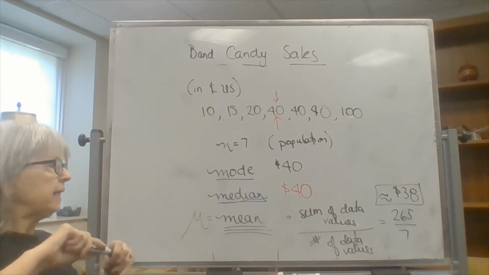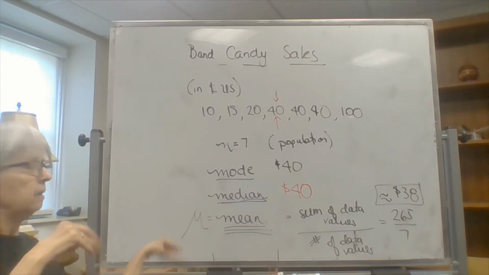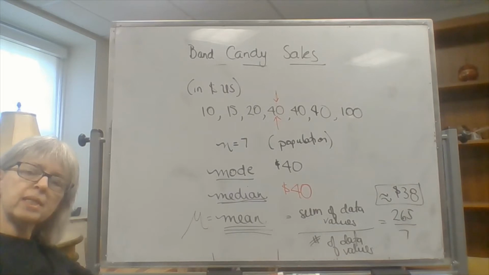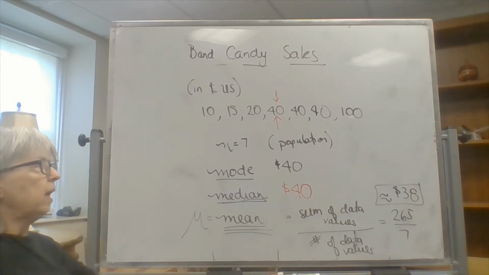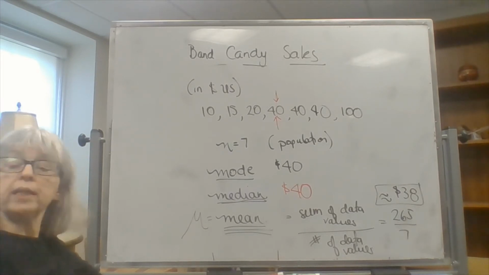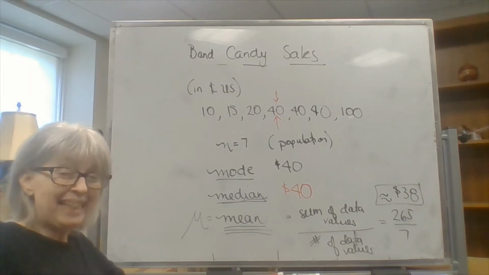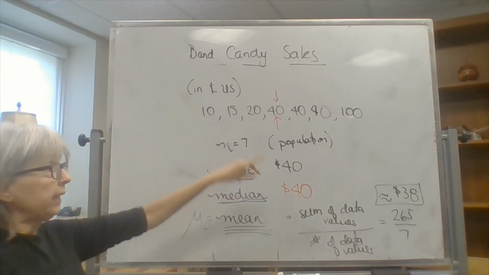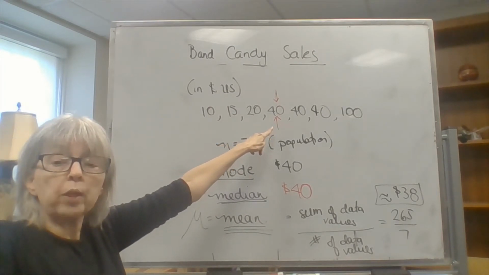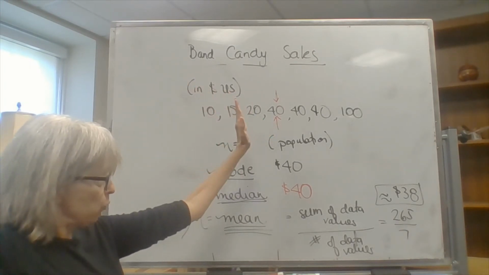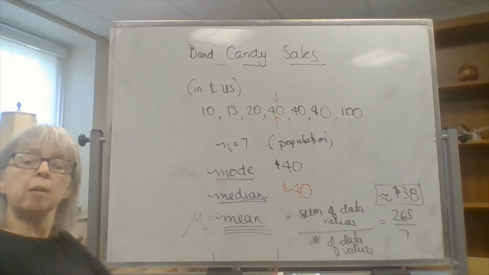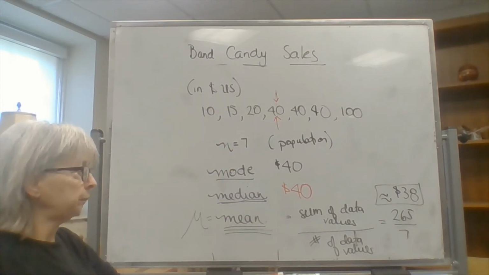So I have a mean, a median, and a mode. $40 is the mode because 40 appeared more often in the data set than any other number. The median was 40 because the number 40 appeared directly in the middle of all of the numbers when I put the numbers in numerical order.